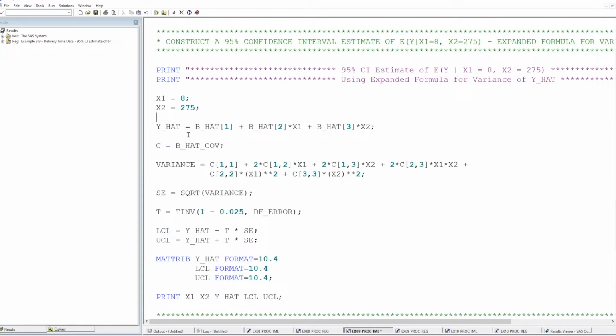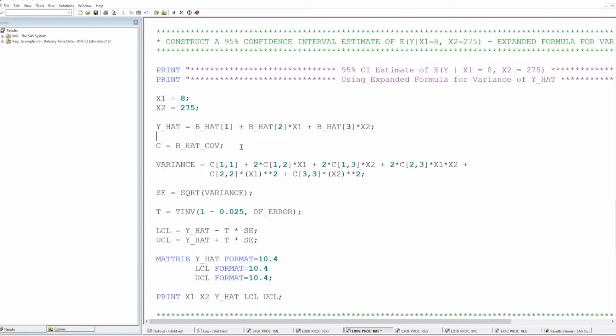Once we've done that, the point estimate for the expected value of y at that particular setting of the x variables is equal to beta 0 hat, which is obtained by that entry, plus beta 1 hat times x1 plus beta 2 hat times x2. That gives us our point estimate for the expected value of y, given that x1 is equal to 8 and x2 is equal to 275.